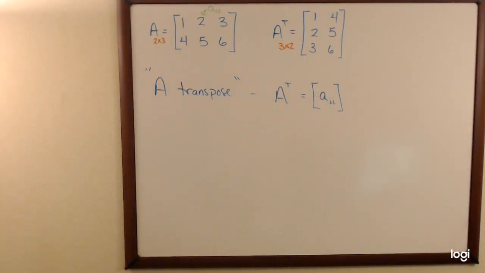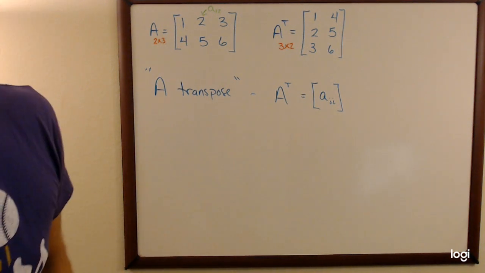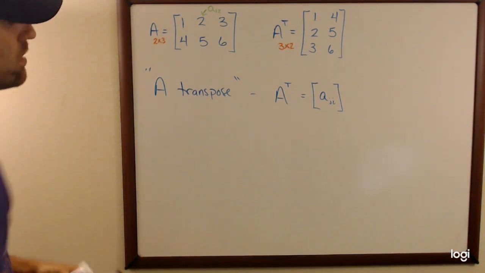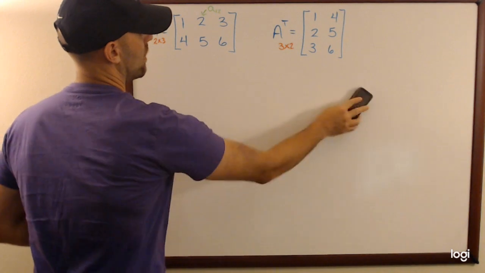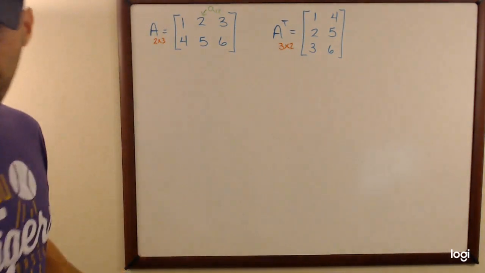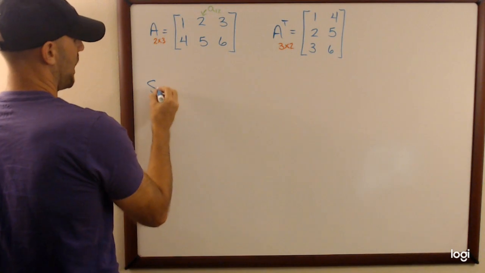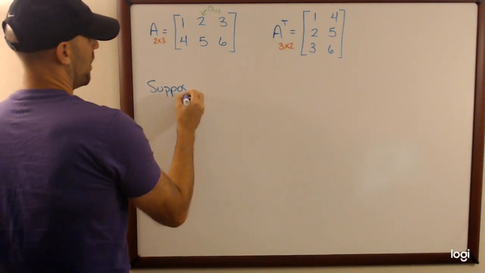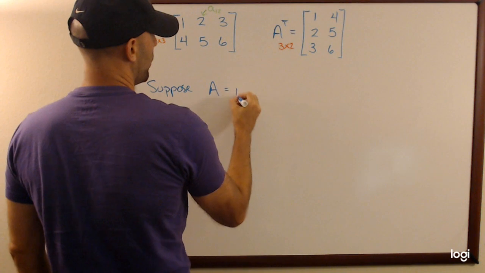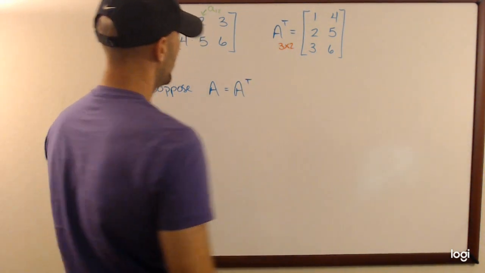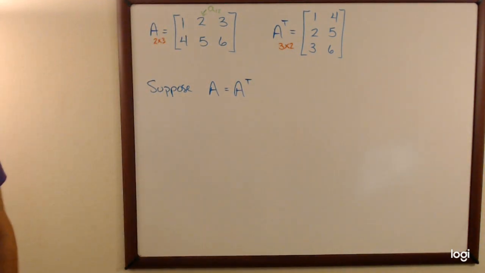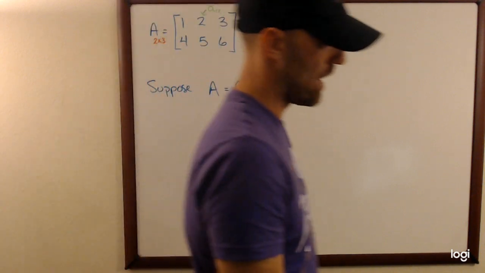Okay, so some definitions involving transpose. It is possible that you have a matrix, so suppose A equals A transpose. What if a matrix was equal to its own transpose? So you take the transpose.